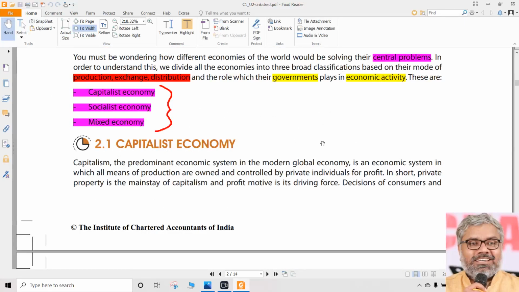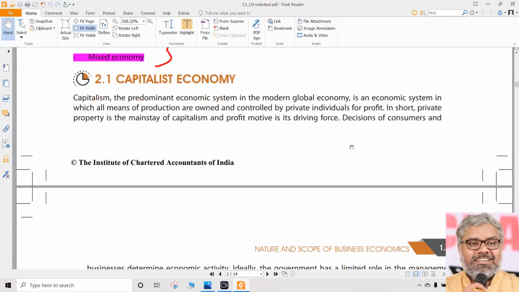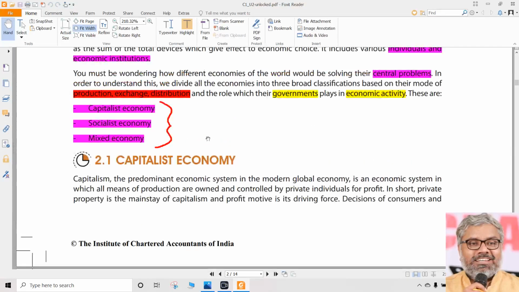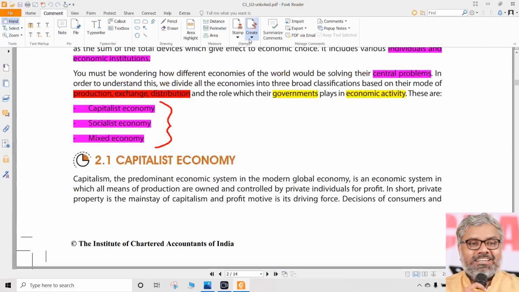So what is our job here is to identify, in theory, what are those capitalistic principles or features or characteristics of a capitalist economy. Same way, what are the characteristics of a socialist economy? And since these two are completely opposite in nature, we can very clearly say these two have an inverse relationship.